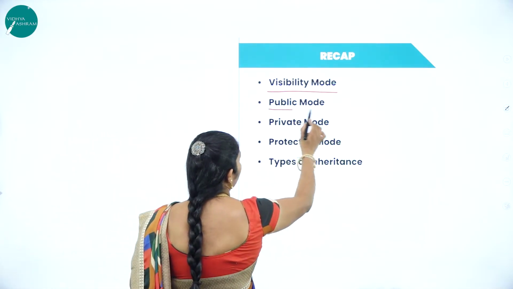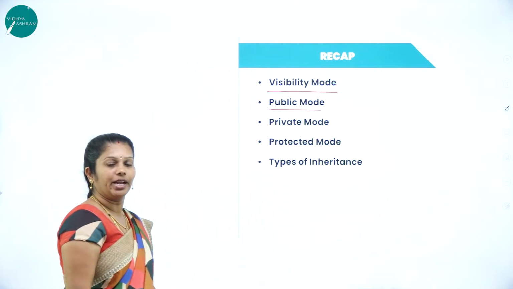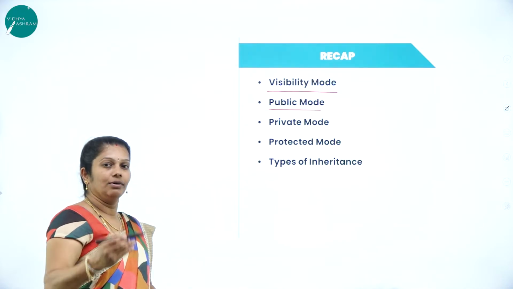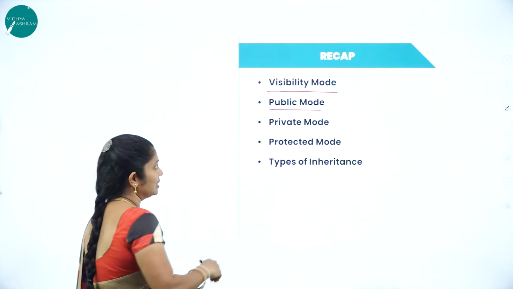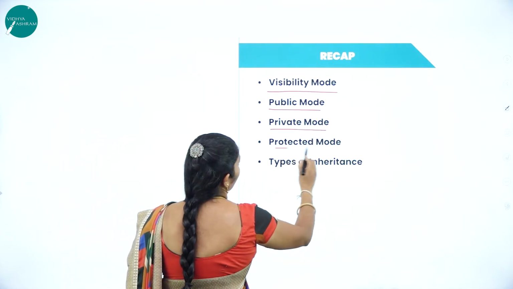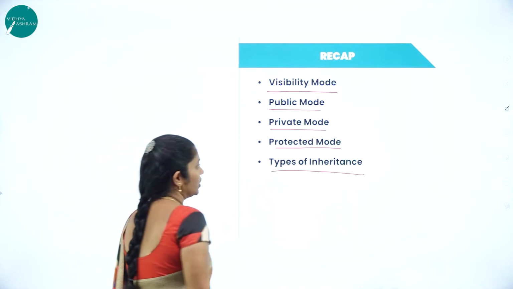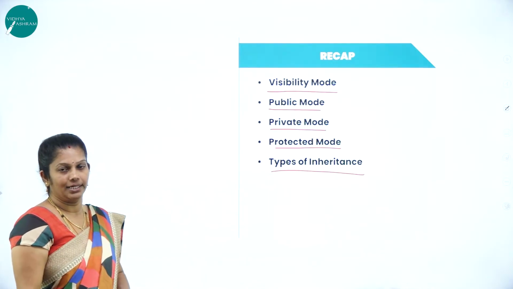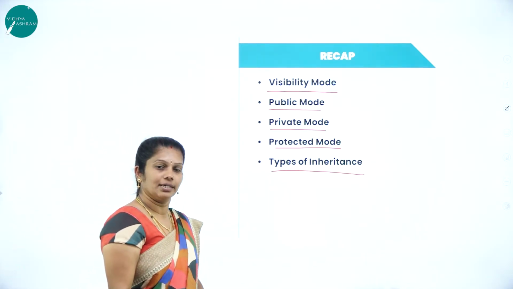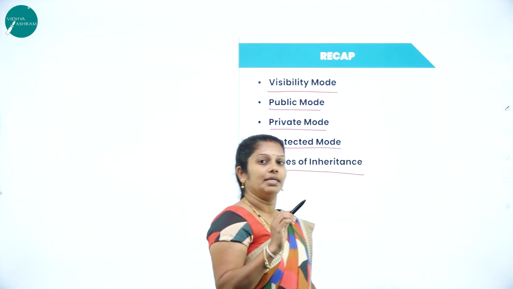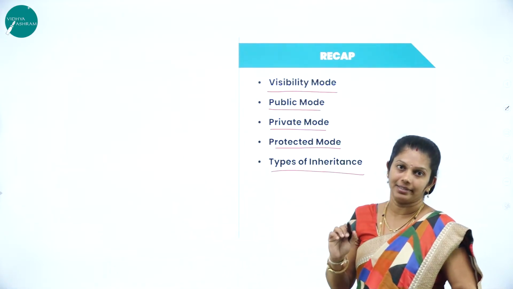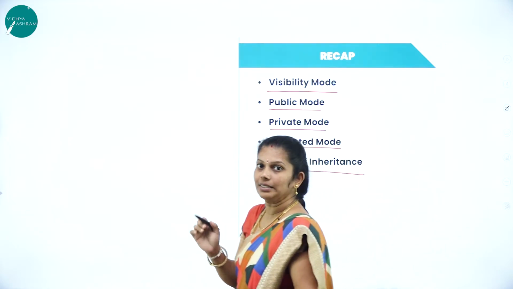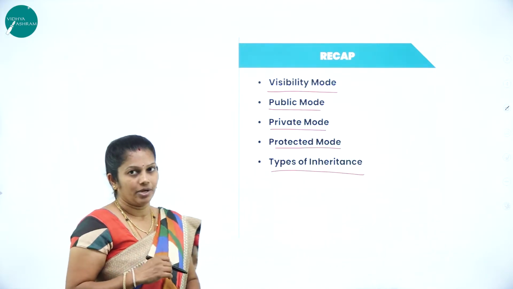Under that, public mode: if I write public, then whatever data and functions we have in the base class can be inherited to the derived class. Then private mode, protected mode. With that, you have studied types of inheritance: single level inheritance, multi-level inheritance, multiple inheritance, hierarchical inheritance, as well as hybrid inheritance. How exactly this inheritance works, you have studied.